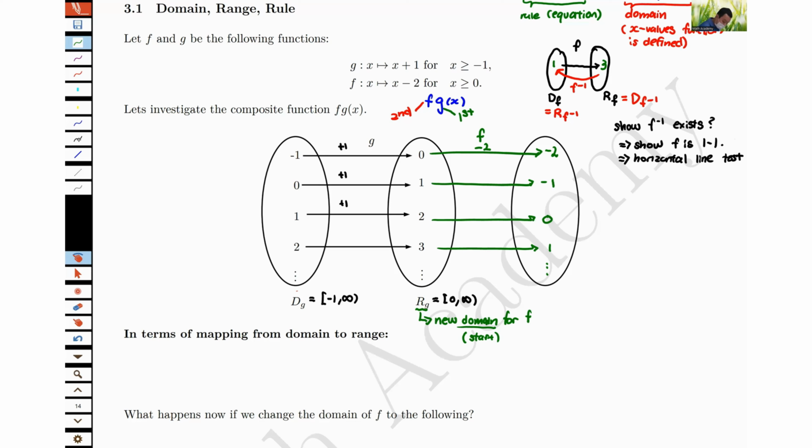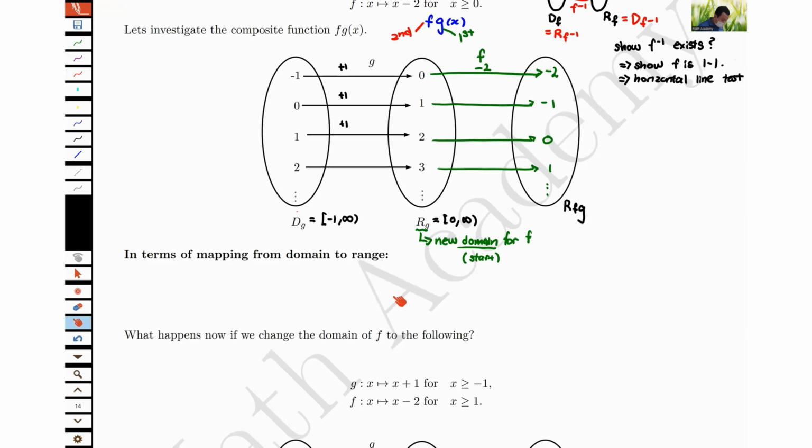And that last set, we call this the range of the entire composite function fg. It's written as range fg, no longer as range f. So think of a composite function as you're doing two functions sequentially. You start from g and then you continue to f.